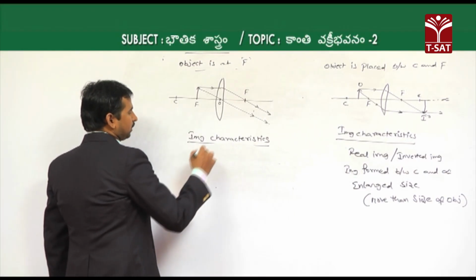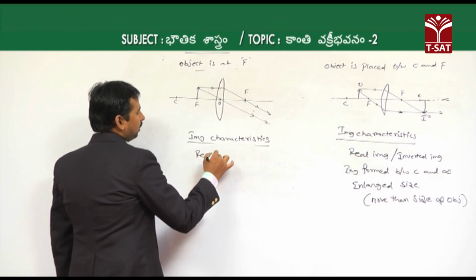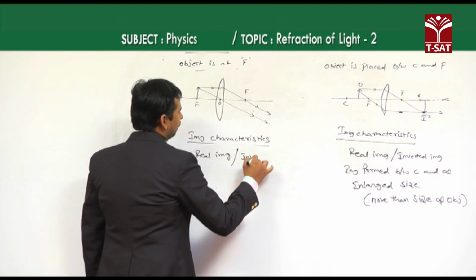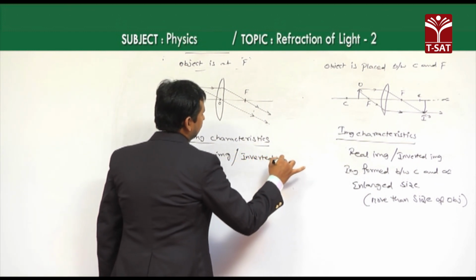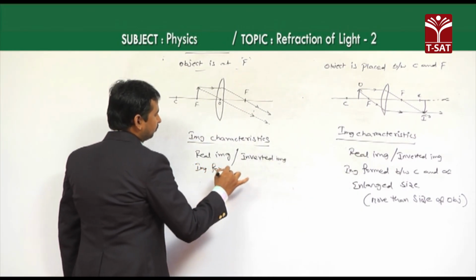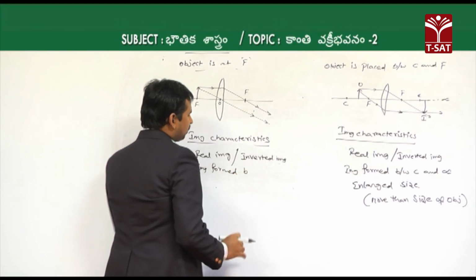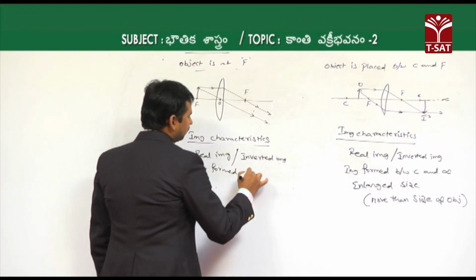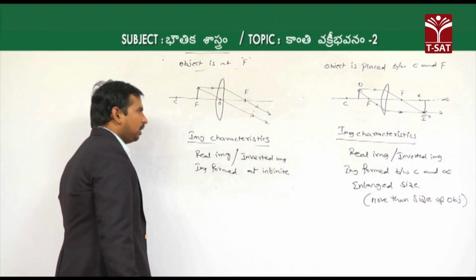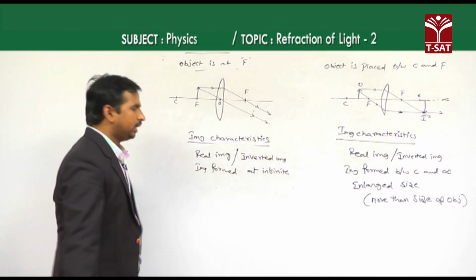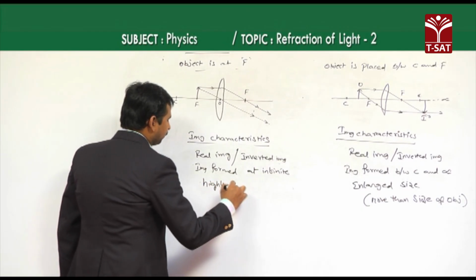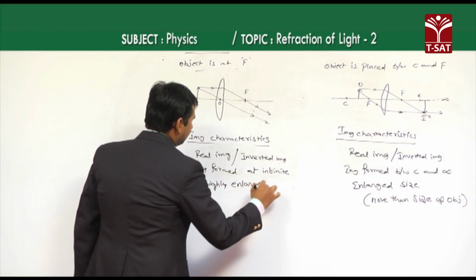So for the image characteristics, the image formed is a real image, and not only that, it is an inverted image again, because all real images are inverted. And next, the image is formed at infinity, and as the rays are meeting at infinity, we have to take that as a highly enlarged image.